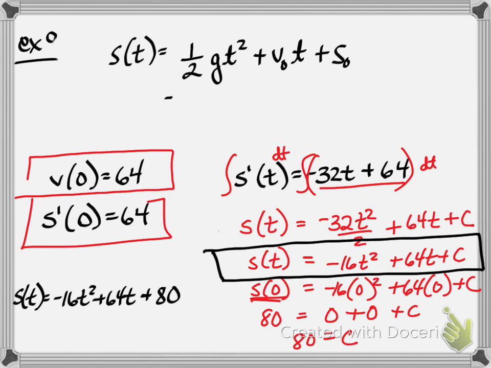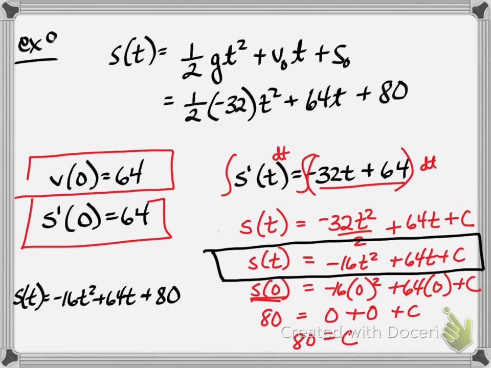G is the acceleration due to gravity, and that's that negative 32. It told us the initial velocity was 64, and it told us the initial position was 80. So if we just plugged everything in and simplified, we get negative 16t squared plus 64t plus 80.